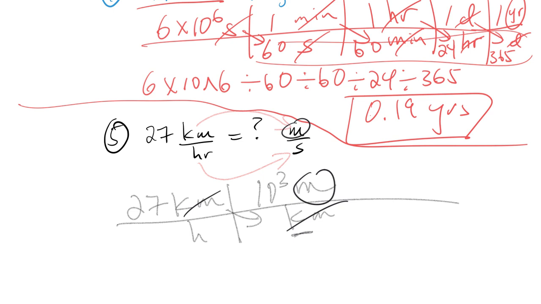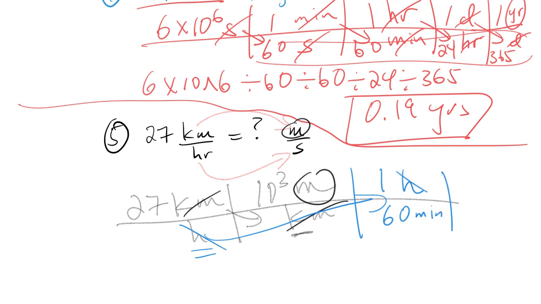Then seconds, we jump over to the next section and put hours. We're changing hours to seconds. We're going to have to put hours on the other side, which happens to be the top. So 1 hour is how many seconds? I know it's 3,600, but 1 hour is 60 minutes. That crosses out the hours, and let's change minutes to seconds. Bring up the minutes.